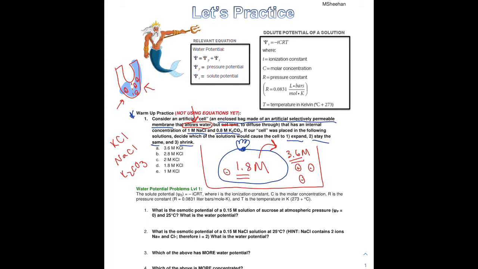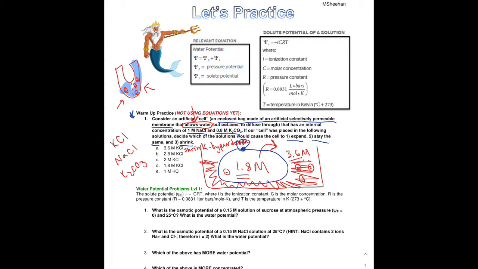If the water's moving out of the bag, it should shrink. And what kind of solution did we just put our little bag in? Well, if the water was leaving the bag, it was a hypertonic solution.